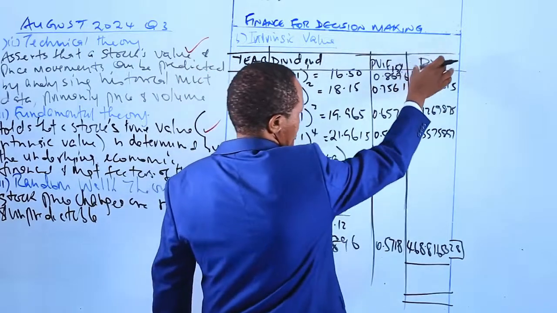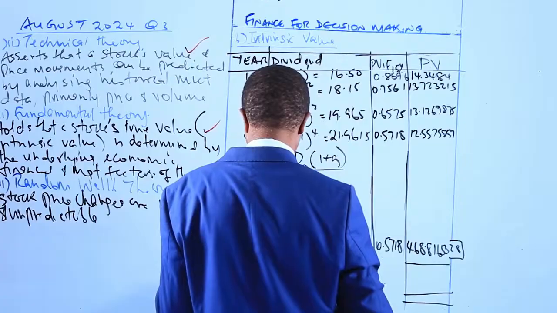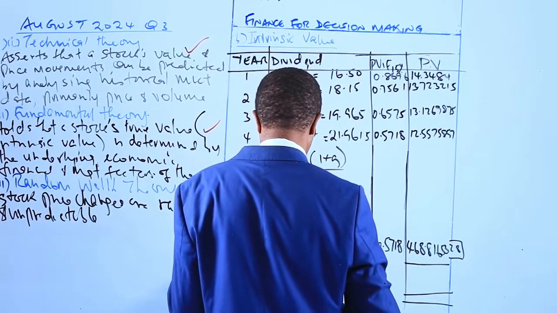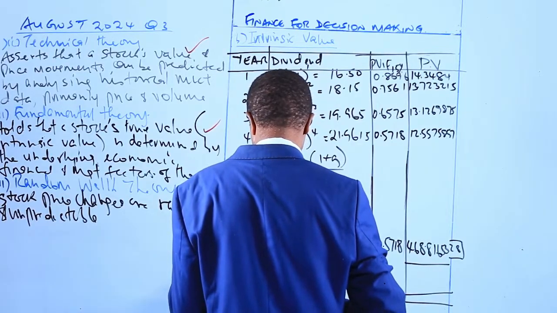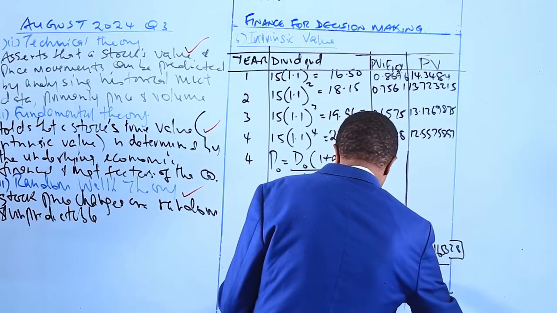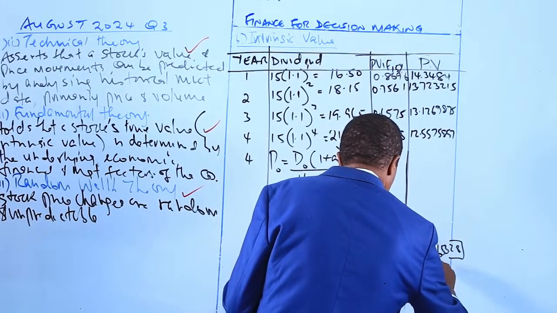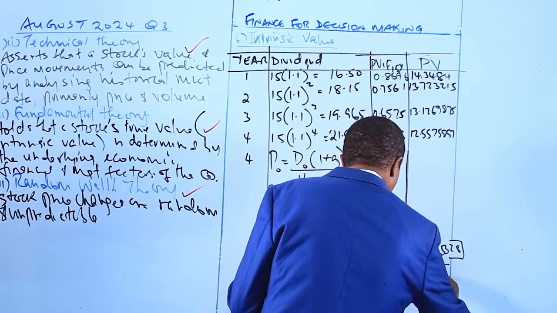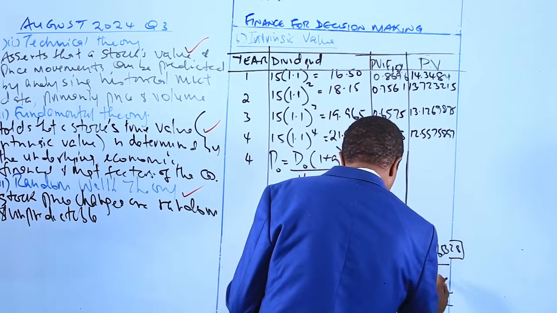So with that, we have all the present values. So we sum all the present values to get the value of this dividend. We're going to get the intrinsic value here by adding all these present values. So this gives me 522.816.